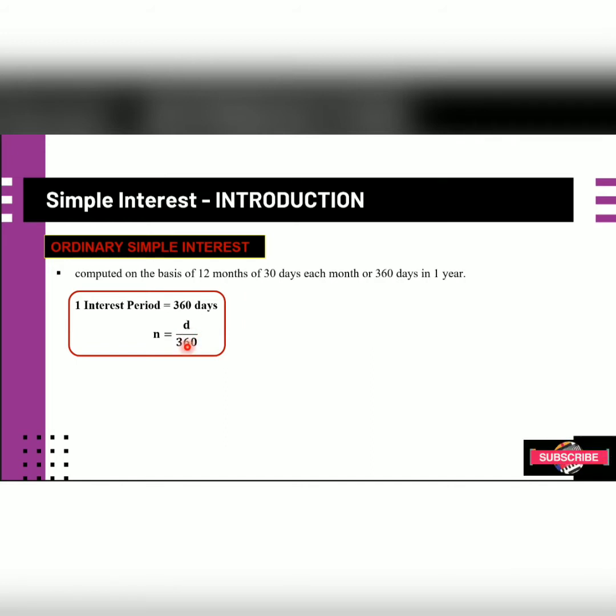Okay, so you have to remember also that the unit of this N is just in years. It is already in years, because here this 360 is referring to the number of days per year. So if we are going to check, N is equal now to d, our d is in days, and then our 360 is in unit of 360 days per year.